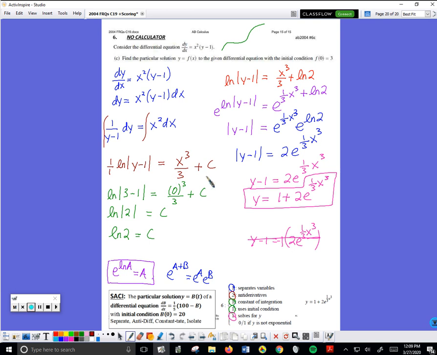If one side is correct, you'd get 1 of the 2 points. If you don't have this correct, you can't get the rest of the points really. So you just lose the rest. But if you get to here and then you plug in the initial condition, that's a 4th point. If you then write c equals ln of 2, that's a 5th point. If you go on to find this, that's the 6th point.